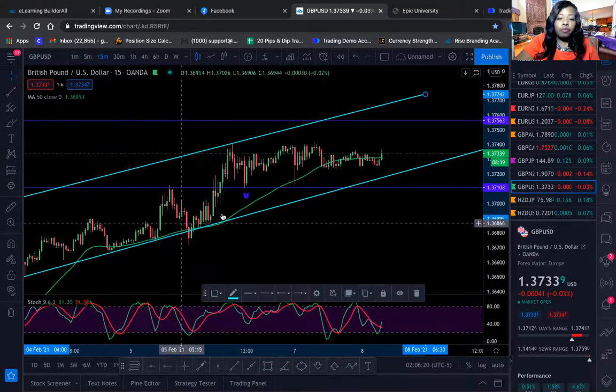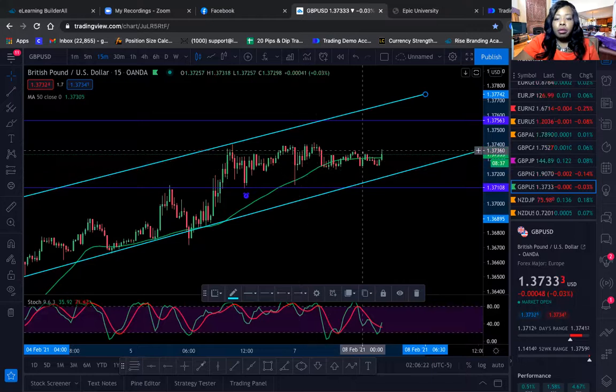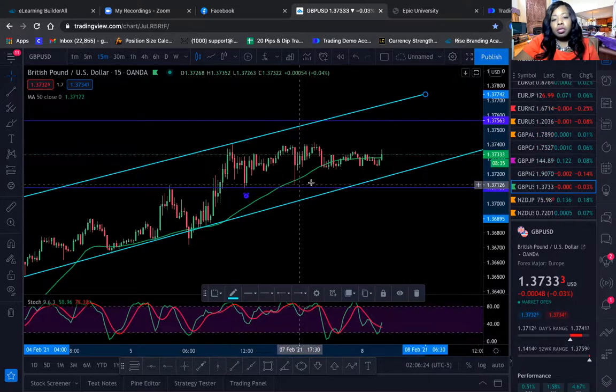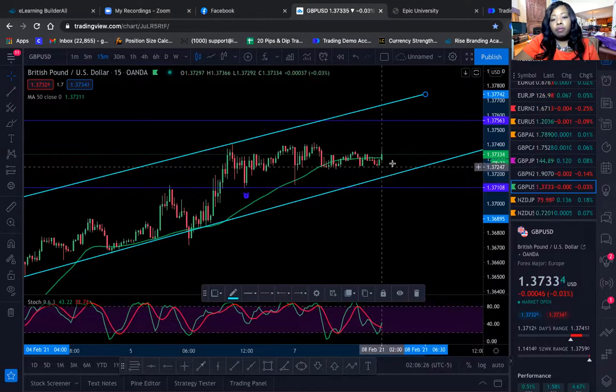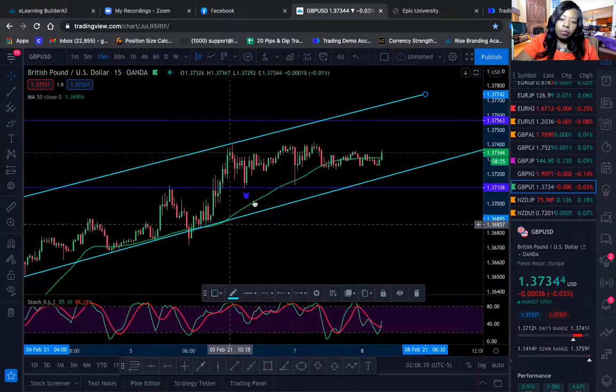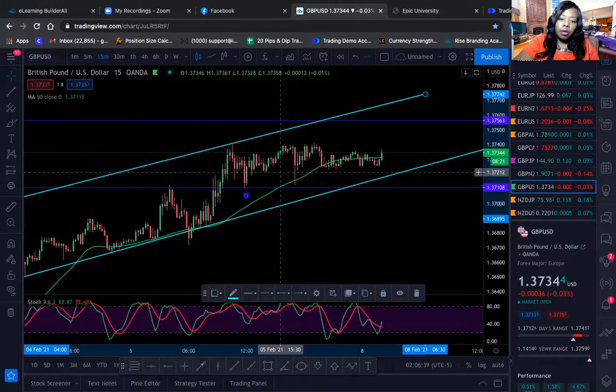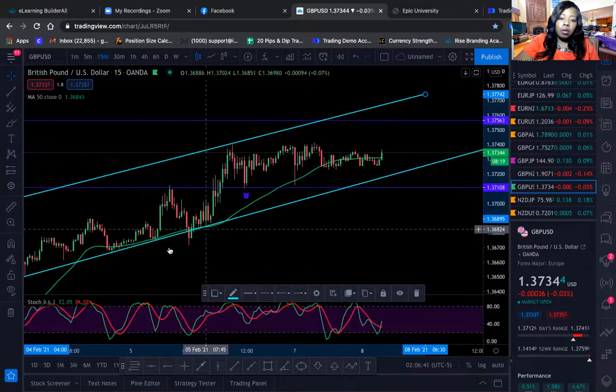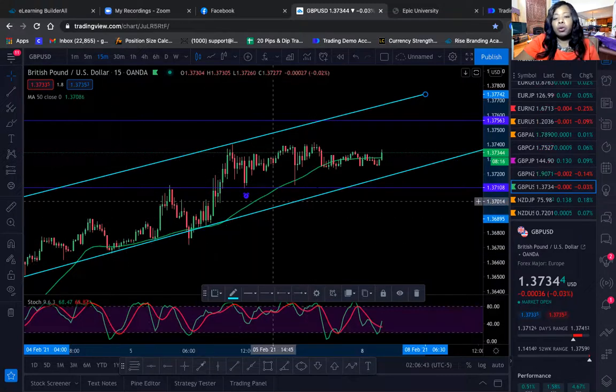We also use our 50 moving average, the green line, and anytime price is above the green line, like here, the candles are above the green line, we're looking for buy setups, okay? We're looking for buys. And we see this is a bullish market.